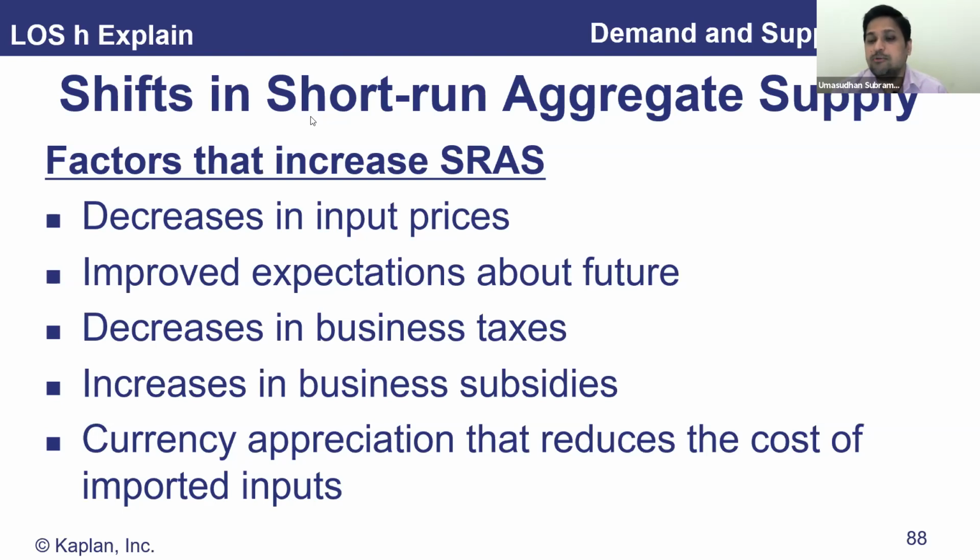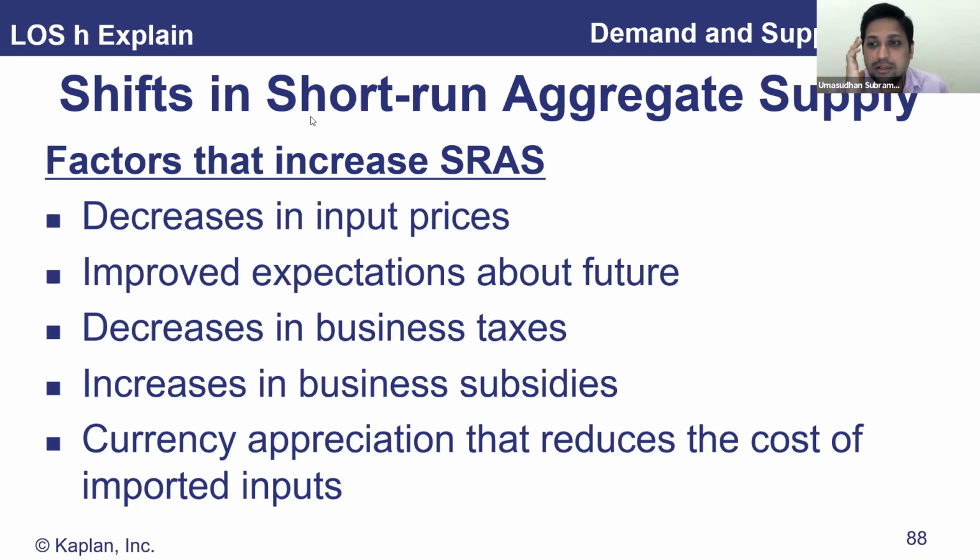Improved expectation about future. You produce more. Decrease in taxes. You do more business. Increase in subsidies. You produce more. Currency appreciation, that reduces the cost of imported input. That's a great point. If you are relying on raw materials from overseas, if your currency is appreciating, your imports are becoming cheaper, your raw materials becoming cheaper, means you produce more now.